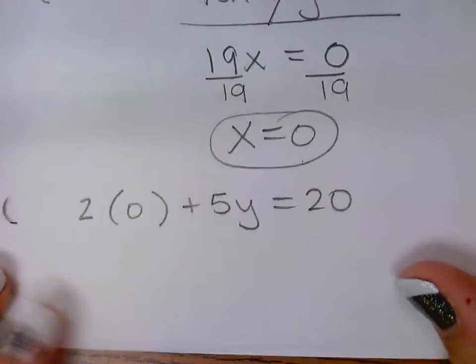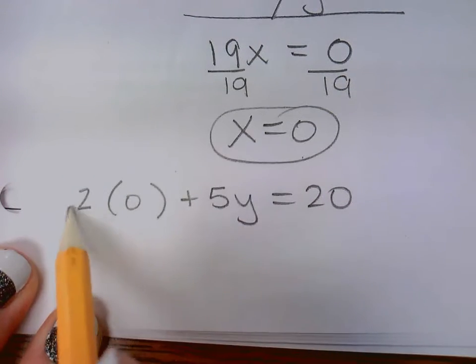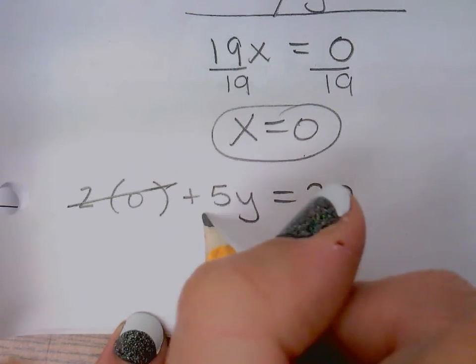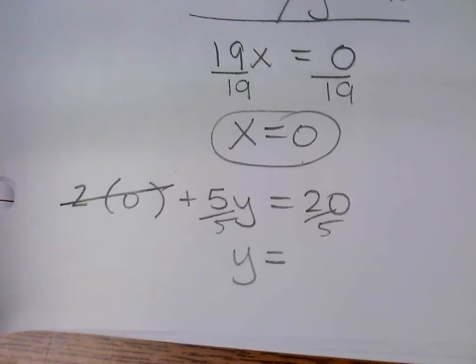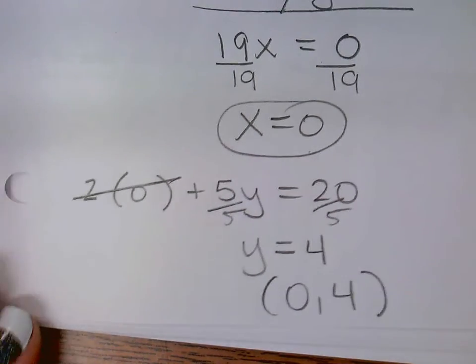So now you're going to figure out what y would have to be, because 2 times 0 is still 0 right there. So 5 times what is 20? Divide by 5. Y has to be 4. So 0, 4 is the solution to that problem.